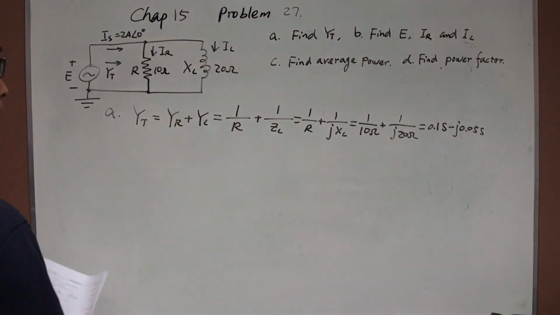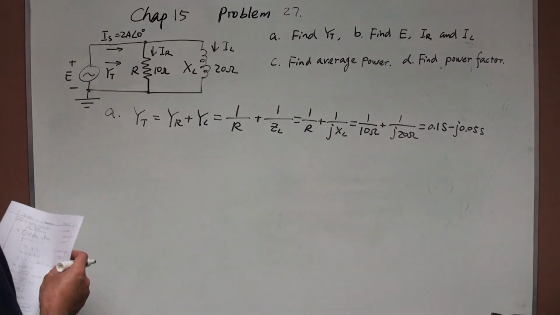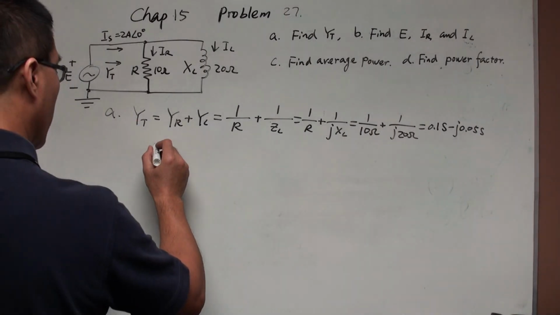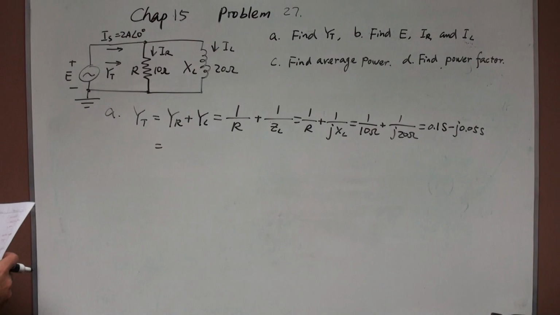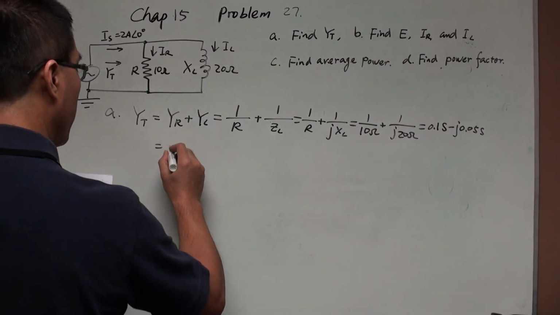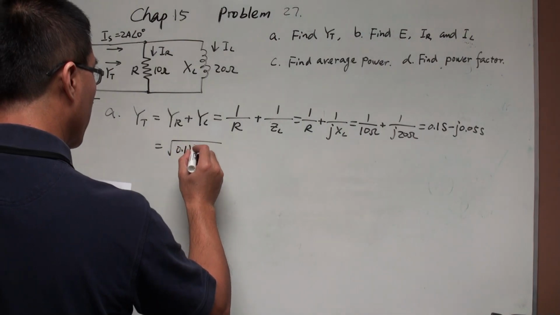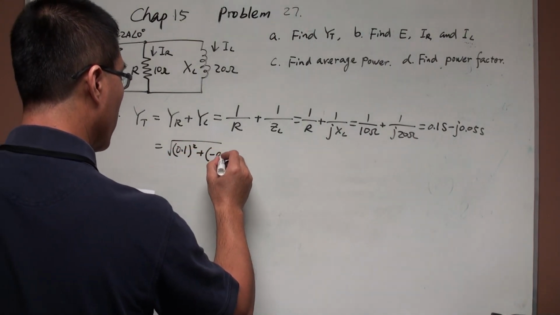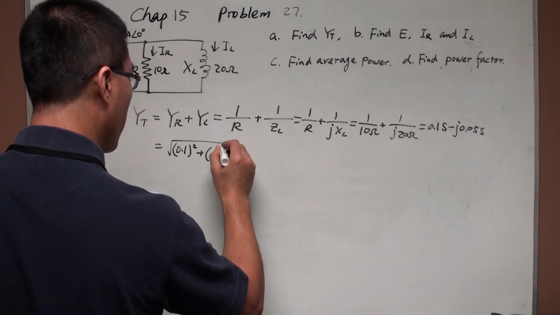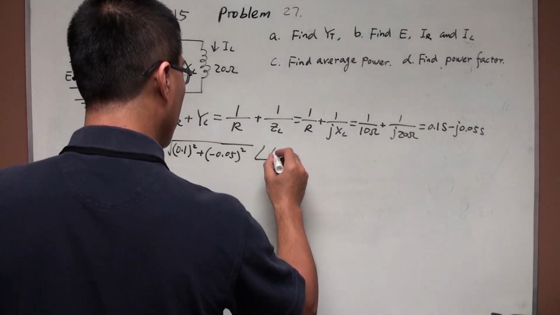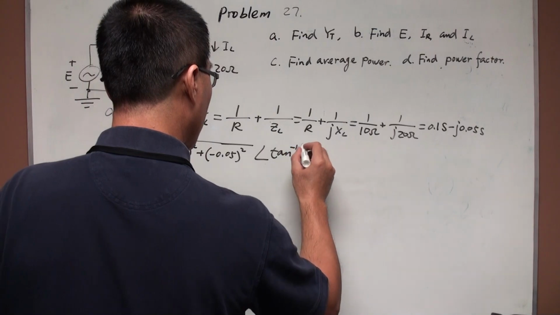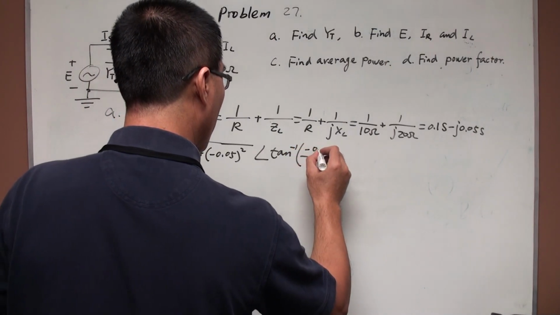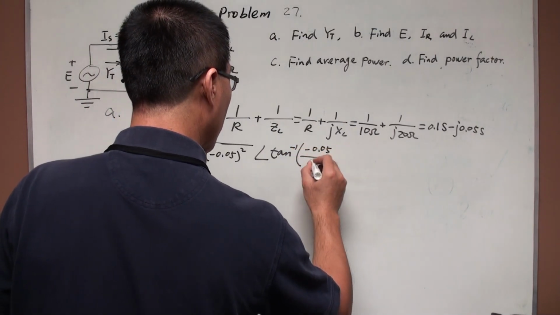Okay? So that would be the rectangular form for the total admittance. If we want to convert this into polar form, we take the square root of 0.1 squared plus 0.05 squared, with an angle of negative arctangent of 0.05 over 0.1.